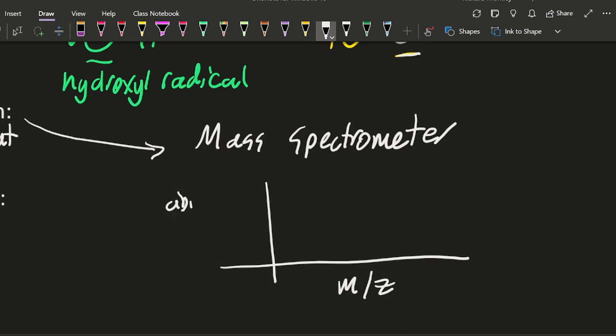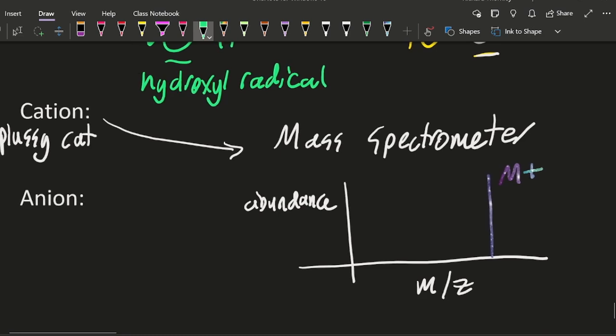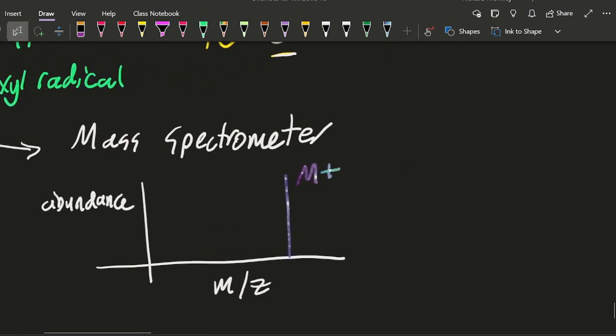So that's abundance. And maybe you haven't done it yet, maybe you will do it. There's always, at the maximum m over z level, is what's called the M plus, the molecular ion. So molecular ions are actually cations that are radicals, since we're talking about radicals.